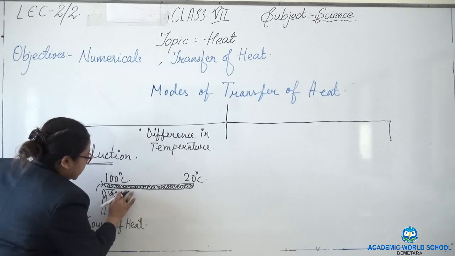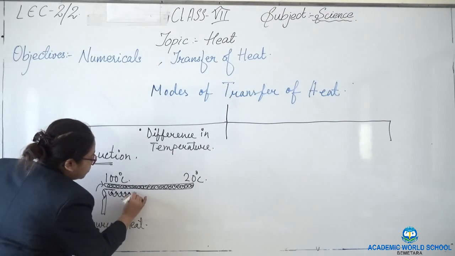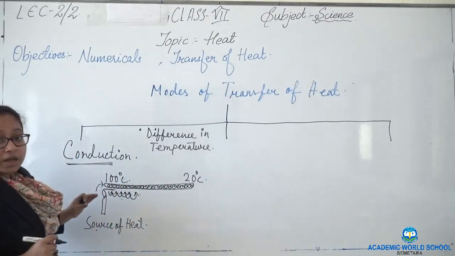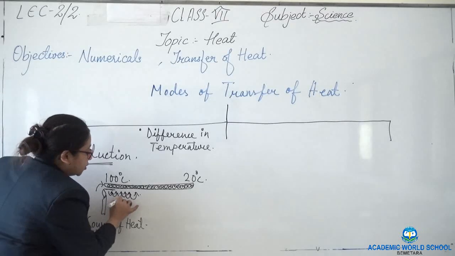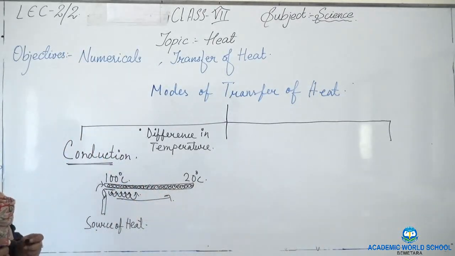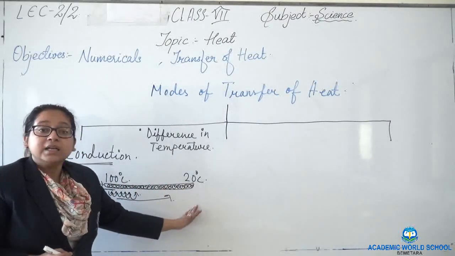Like this, the vibration is transferred from one molecule to another. This way, the heat flows from hotter body to colder body, and gradually the overall iron rod will get heated.